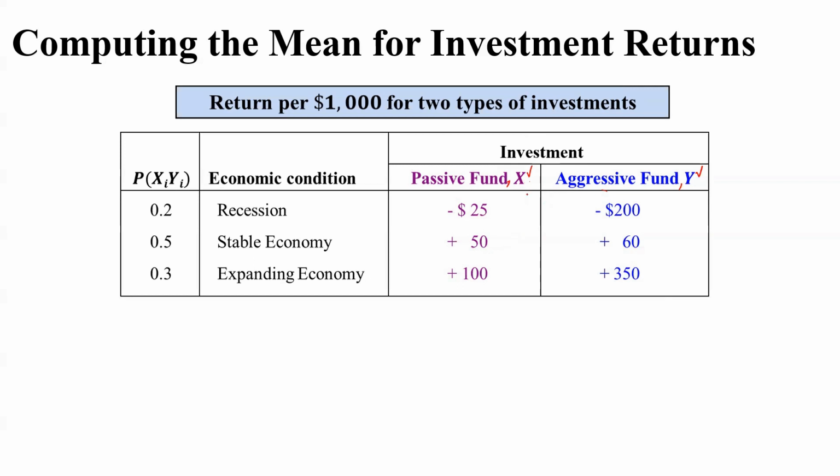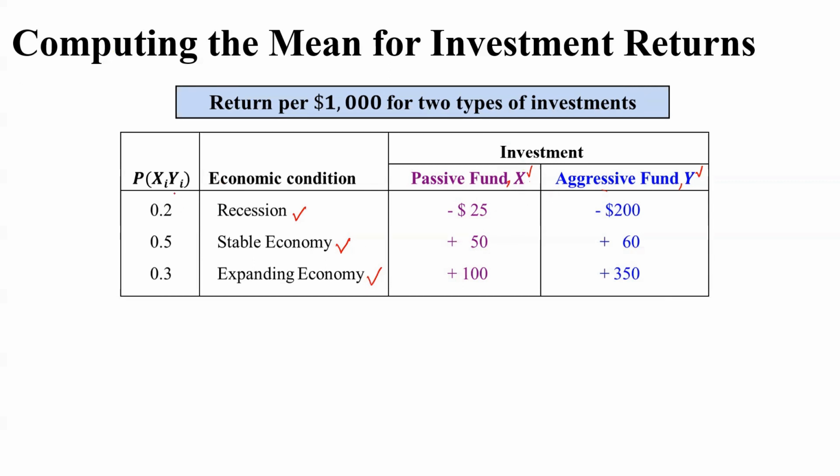Which of these two investments is more risky? You analyze that. We have three types of economic condition: recession times, a stable economy, and an expanding economy. Expanding economy means doing very well, the economy growing exponentially.